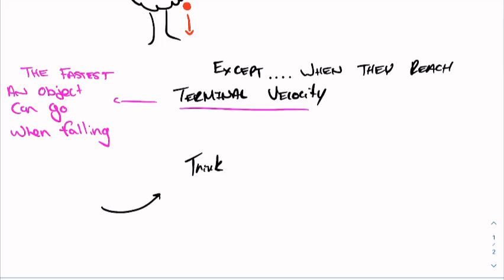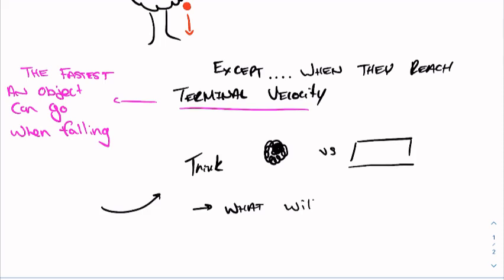Usually, the terminal velocity is reached when the frictional force is equal to the gravitational force. So let's just say a piece of paper. What if I crumple up a piece of paper and drop it versus a piece of paper that hasn't been crumpled up at all? Which one do you think will hit terminal velocity first?